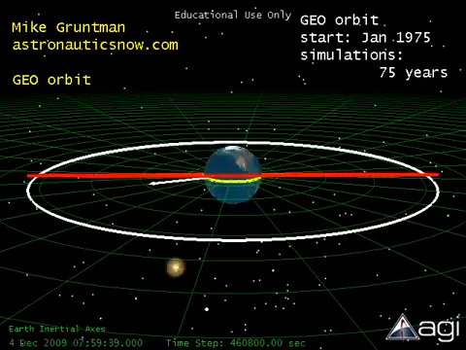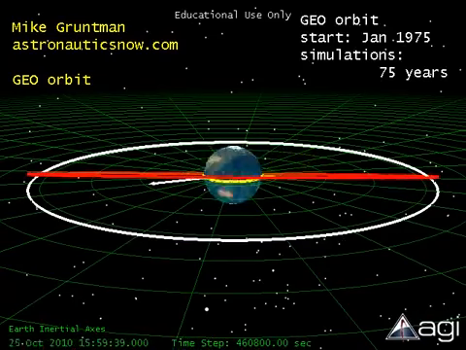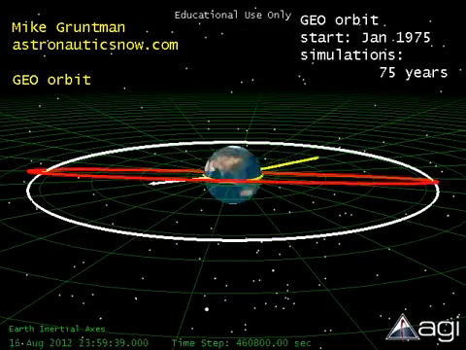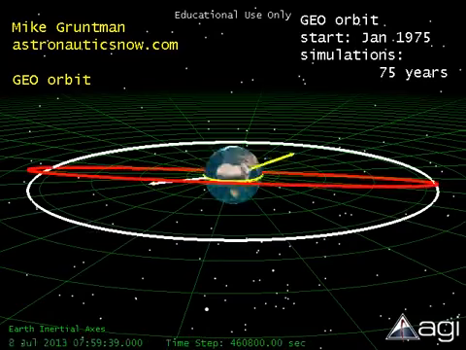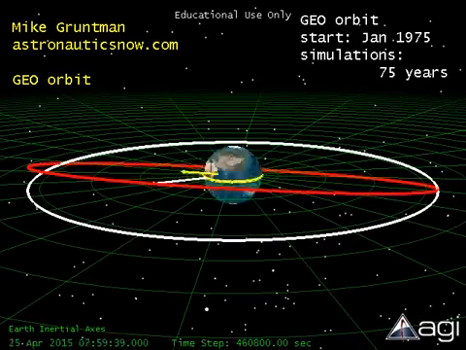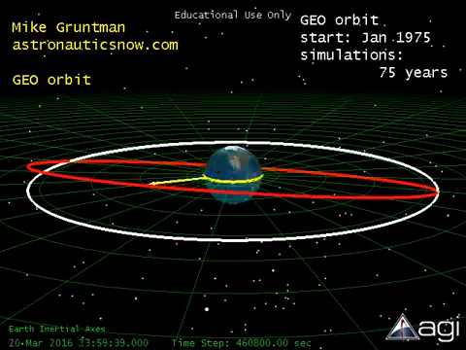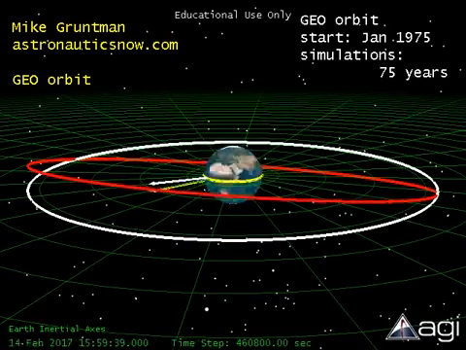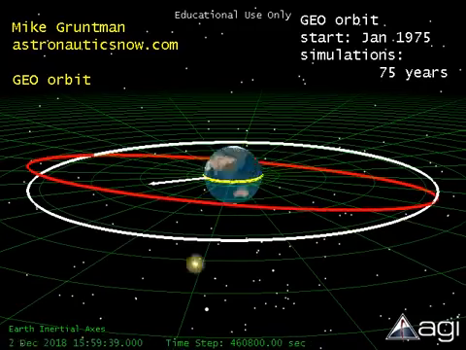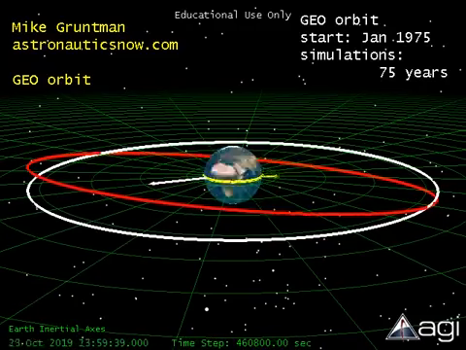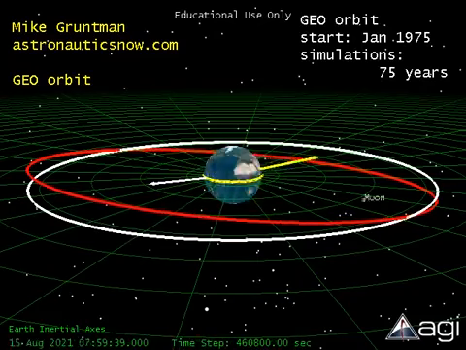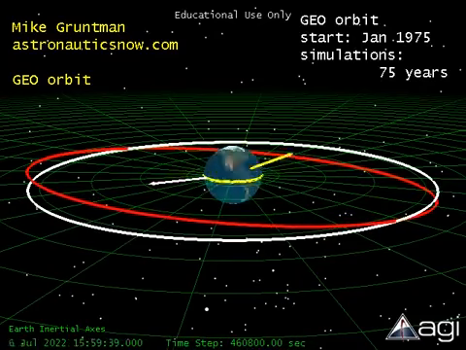This particular asymmetry is described by a coefficient J22 in the expansion of the Earth's gravitational potential. The east-west drift, as it is known, can be counteracted by velocity increments of about 1.5 meters per second each year. This is much smaller than the required velocity increment capability of 50 meters per second per year for counteracting the north-south drift.